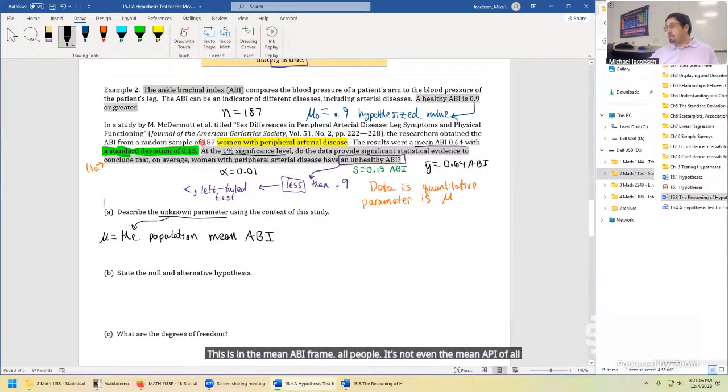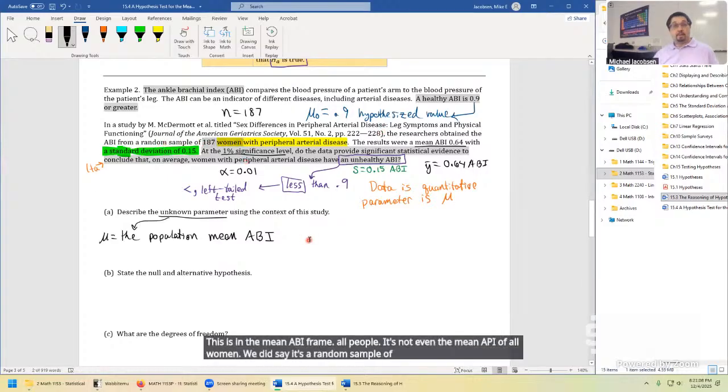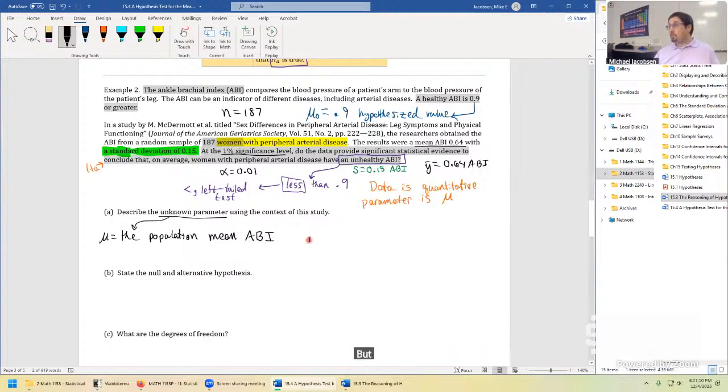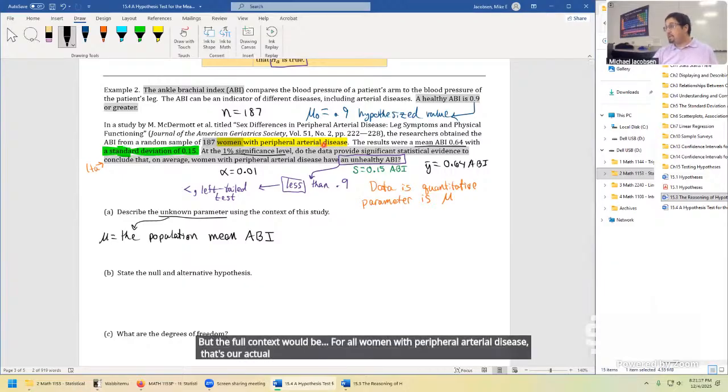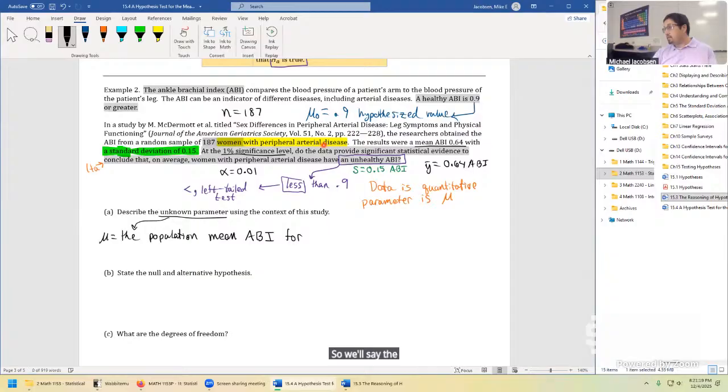We did say it's a random sample of 187 women, but the full context would be for all women with peripheral arterial disease. That's our actual population. So we'll say the population mean ABI for all women with peripheral arterial disease.